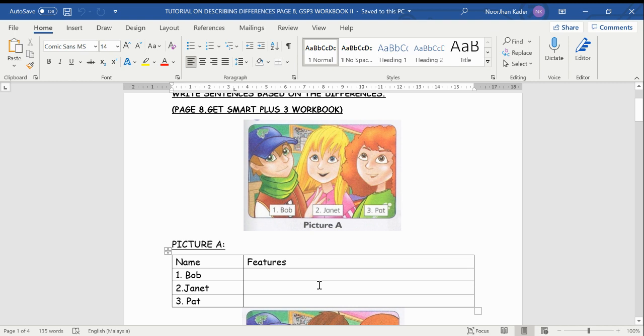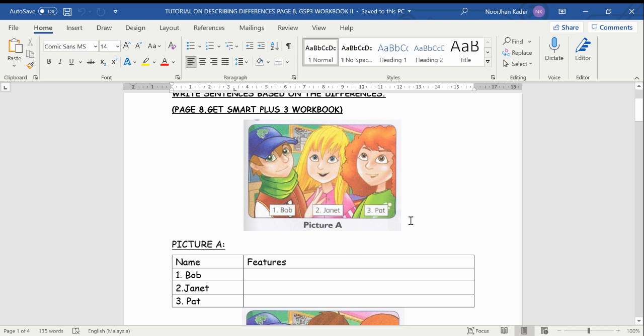What are features? Features are actually the appearance, their physical appearance. What do they have? Everyone has their features, so that is how they are different from the others. Bob, Janet, and Pat have their own features.